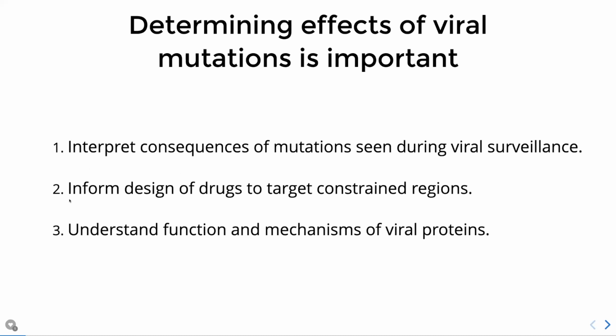For the purposes of these AViD grants, such information can be important for informing the design of drugs, because we now know that SARS-CoV-2 can rapidly evolve resistance to at least antibody therapeutic drugs. And so designing those drugs to target constrained regions of the virus can reduce the chance of resistance emerging. And then finally, understanding the effects of mutations is just an important and classic way to understand the function and mechanisms of viral proteins.